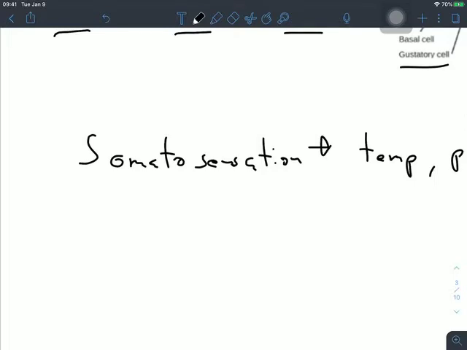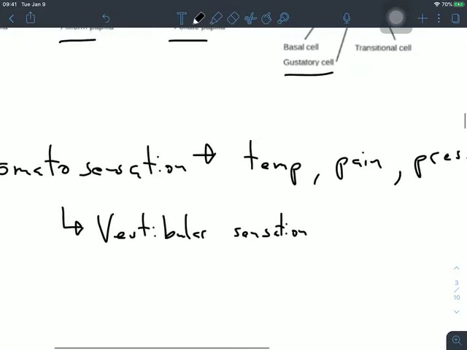Within our broad category of somatosensation, we have a subset of it called vestibular sensation. This corresponds directly to spatial orientation.